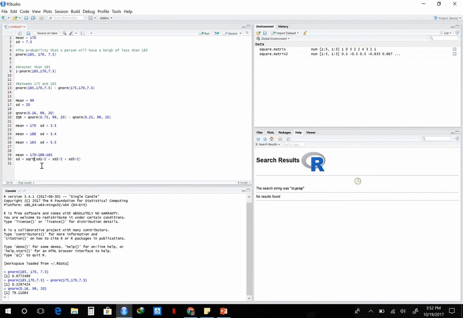So you can't add standard deviation, you can add variance. That's the issue. You get the variance of each of those distributions, then you add those variances to get the total variance, and then you square root it to get the total standard deviation.